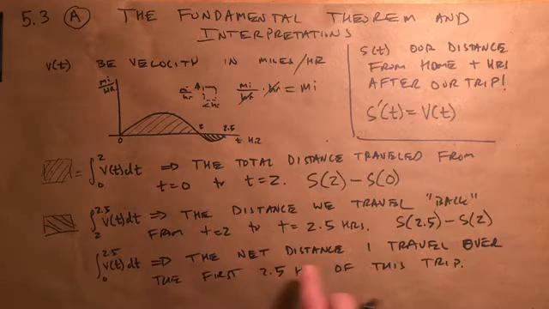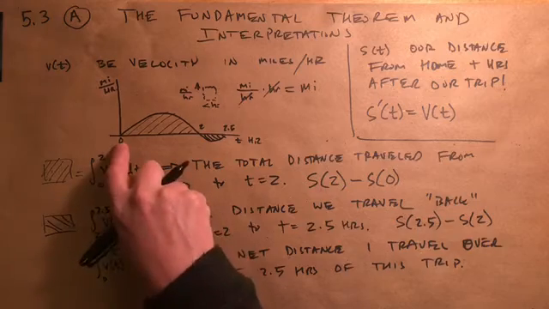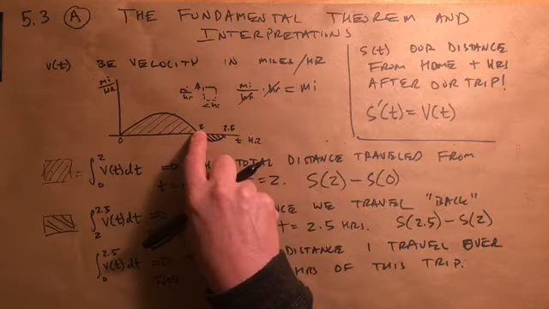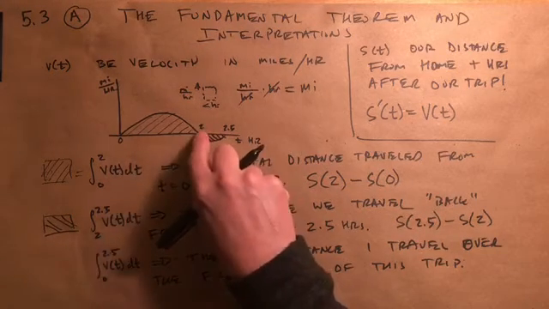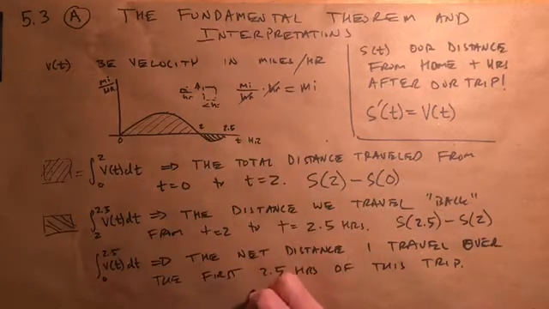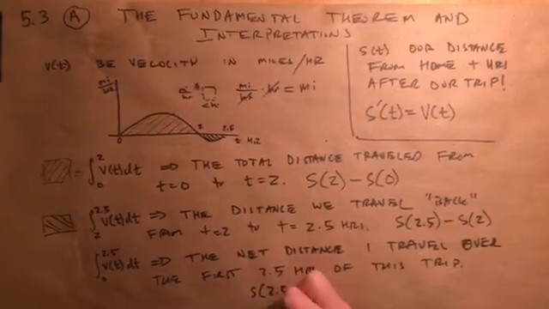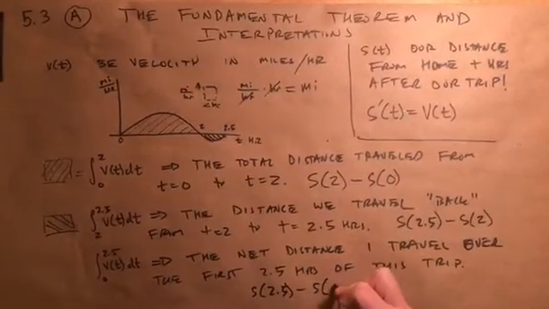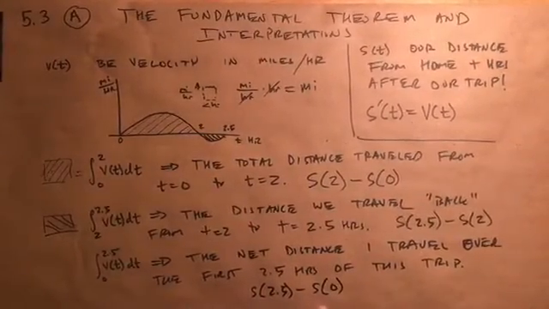Similarly, the total distance I've traveled over the first 2.5 hours of this trip. Now, sure, I traveled to 2, and then I traveled back, and so I'm closer to home, and so I could say that we were at s of 2.5 minus s of 0 for the net distance that we have traveled from 0 to 2.5 hours.